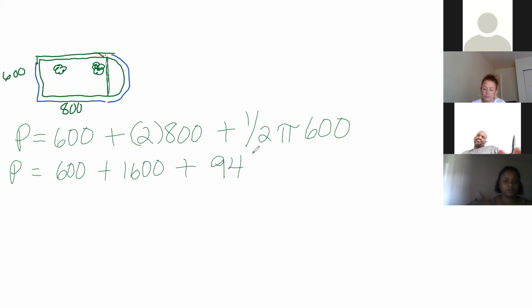This is an estimate depending on what you use for pi. These are the 3 things that you're adding up. Or if you added up all 3, like 1600, 800, 800, and 600, then you might have 2 things that you're looking at adding up. Any questions so far?